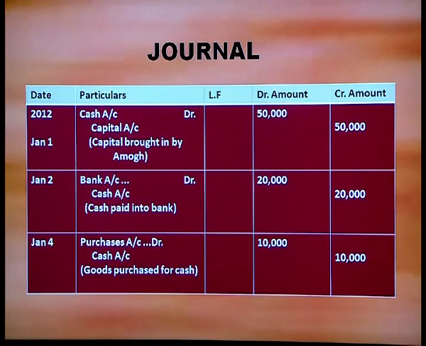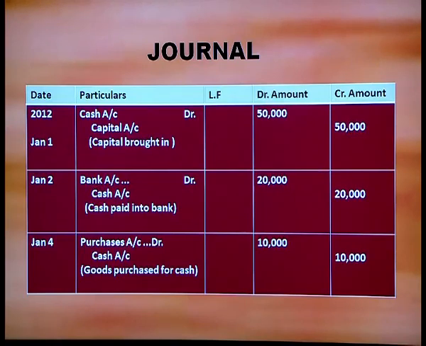In 2012, January 1st, cash account debit to capital account. So how will we write in the journal? In the date column we will write 2012, January 1st. Then in the particulars column, cash account debit to capital account.